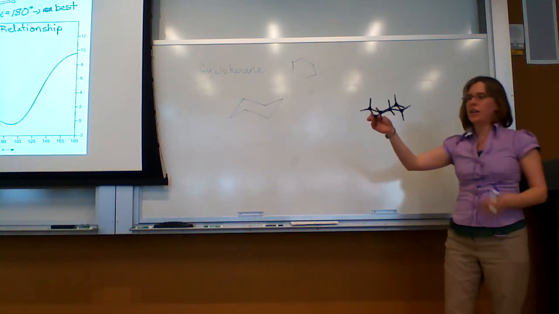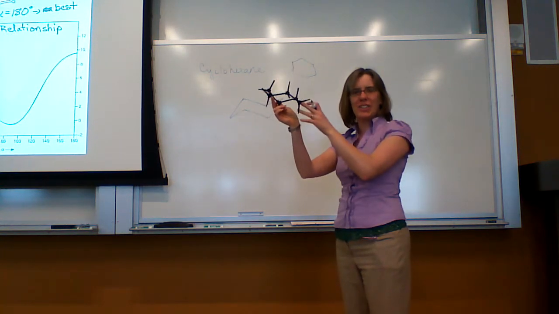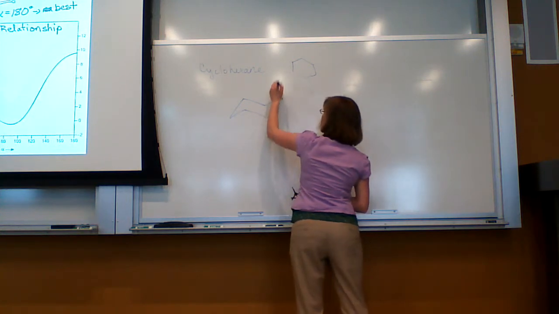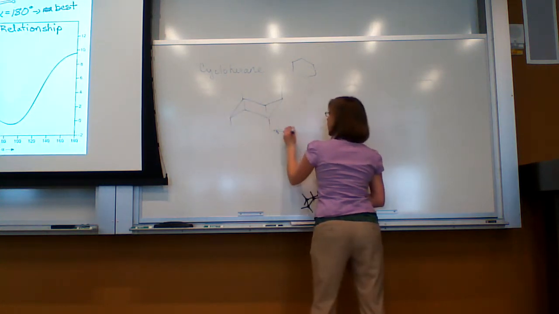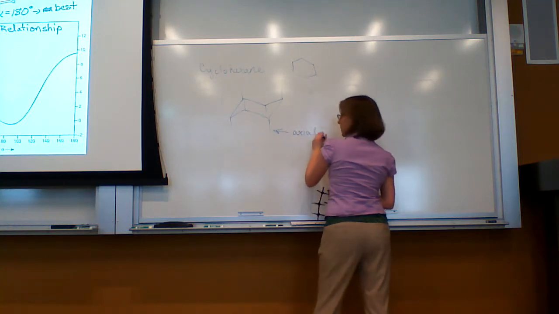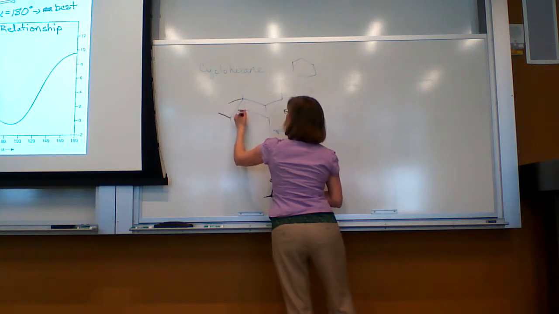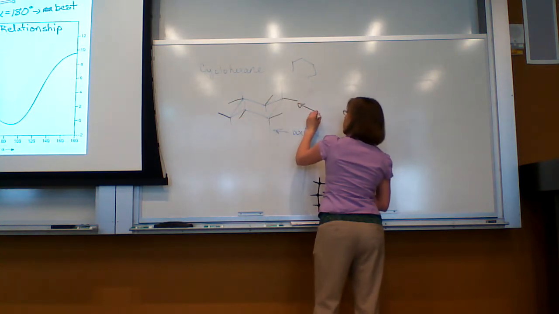When you draw it in the chair conformation, remember that we had some hydrogens that are axial, some that are equatorial. So the ones that are pointing straight up and down are axial, and the ones off to the sides are equatorial.